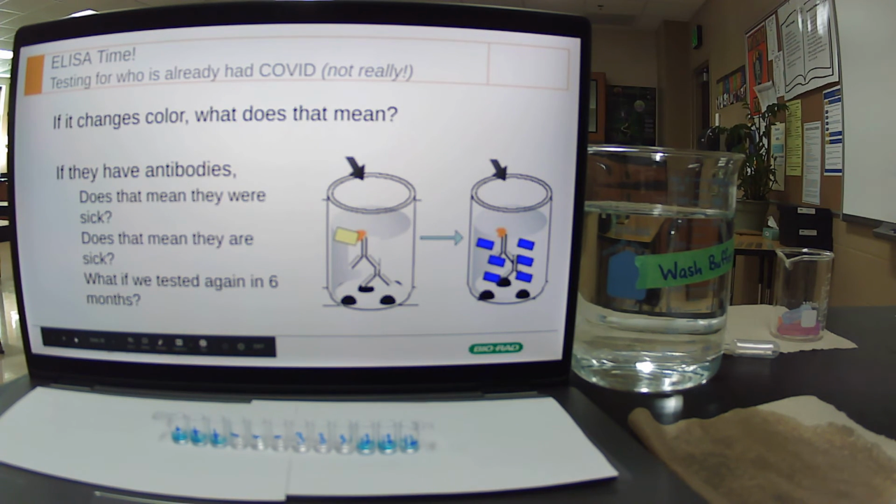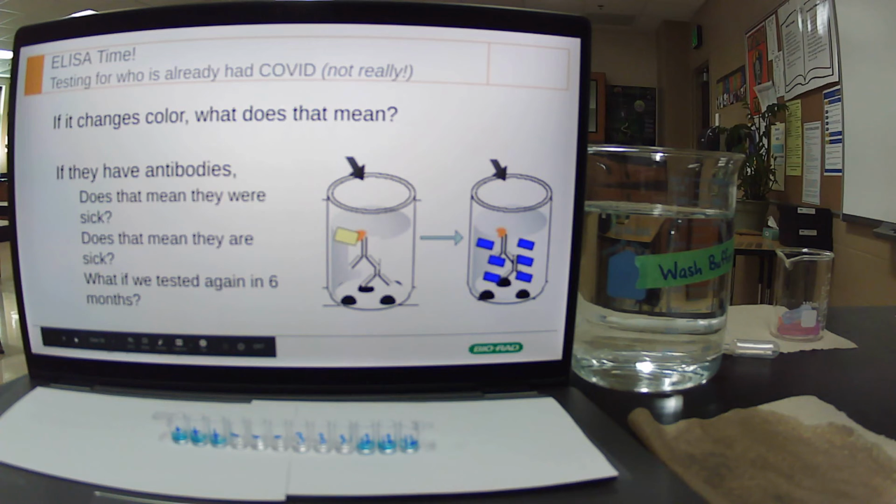And there's also a lot that we don't know. If you have antibodies, scientists still are not sure whether that will completely prevent you from getting COVID again. Scientists also do not know how long those antibodies stay in your body and how long that immunity might last. So there's a lot that we're still learning about the immune response to COVID and our ability to maintain that immunity over time.